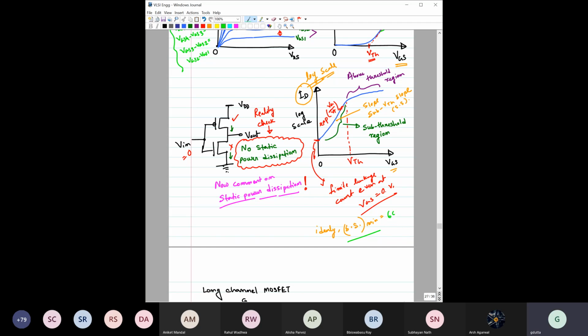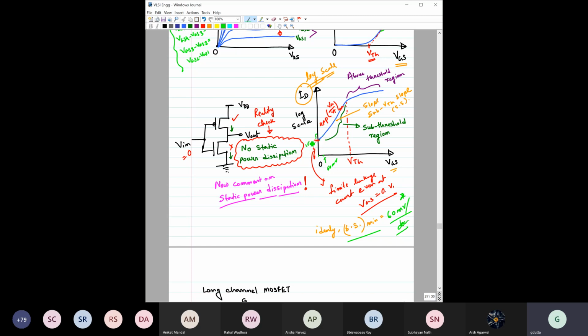Oh, you do not know. It is 60 millivolt per decade. This number is very, very important. What does this mean? Suppose you are changing the gate voltage from 0 to 60 millivolt, then the current should increase by one order of magnitude.